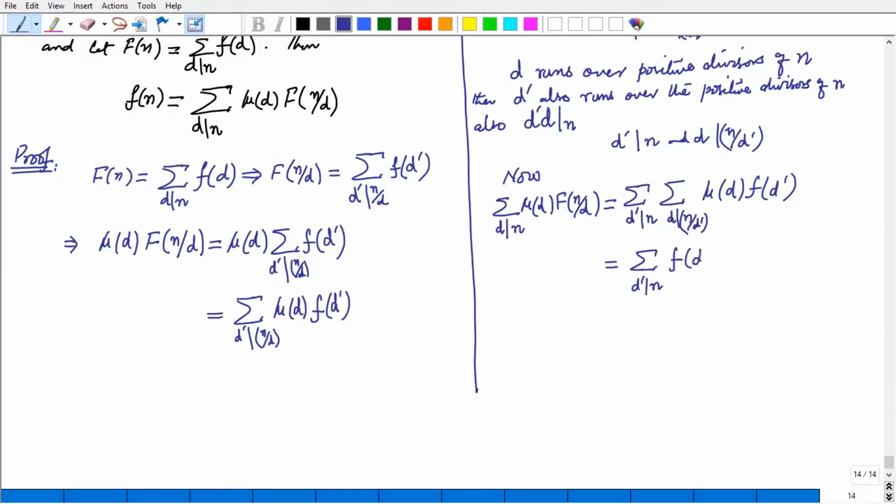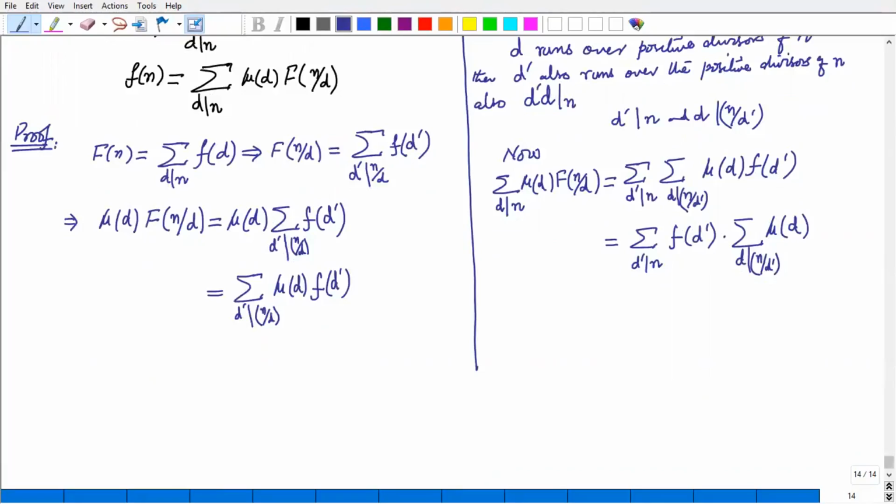F d prime times the sum over n by d prime of mu d. And we know that this sum is either 1 or equal to 0.